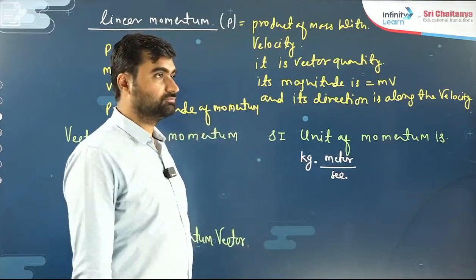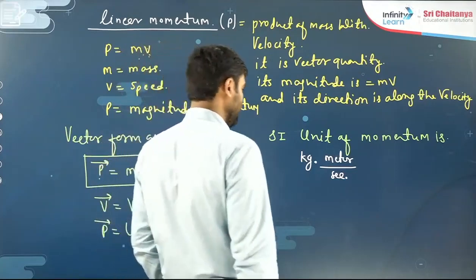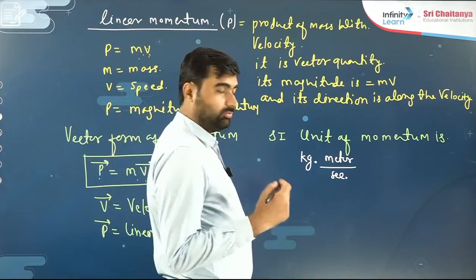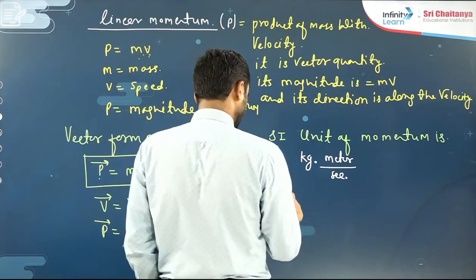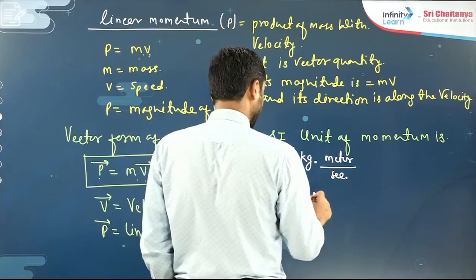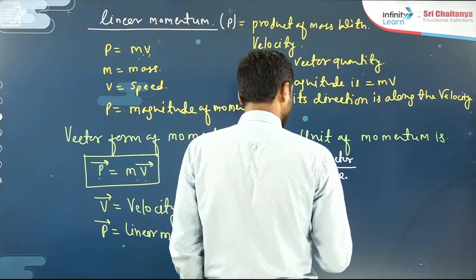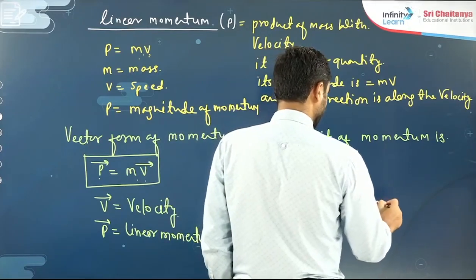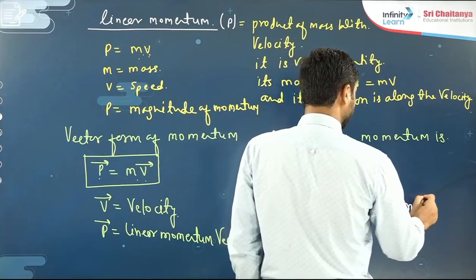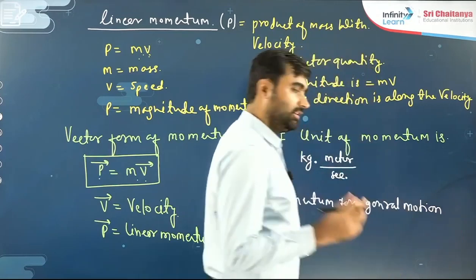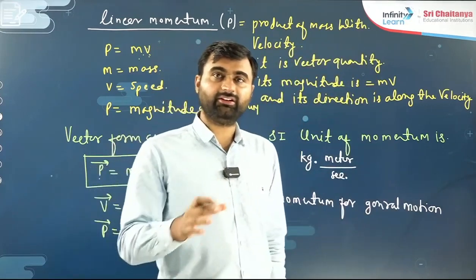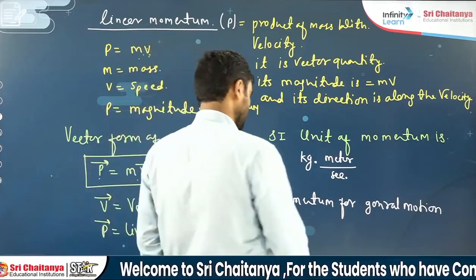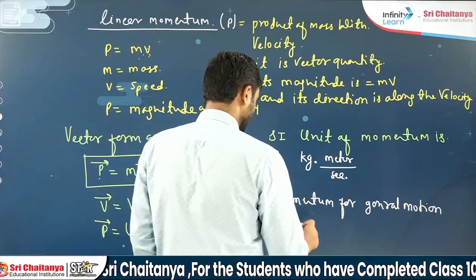Is it clear? Okay. So here if we talk about the direction of momentum, for general motion, general motion means we have to assume that the body is moving in all directions x, y, z. So P net equals how much?